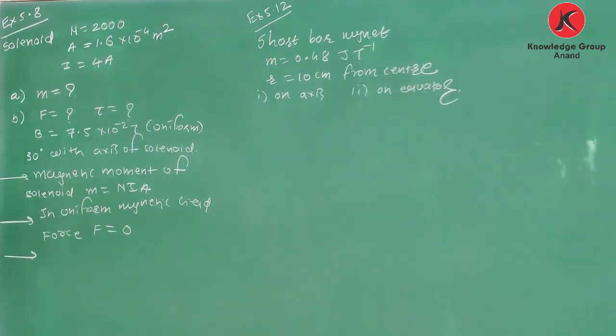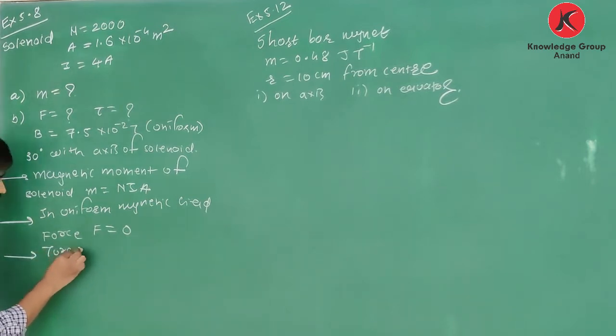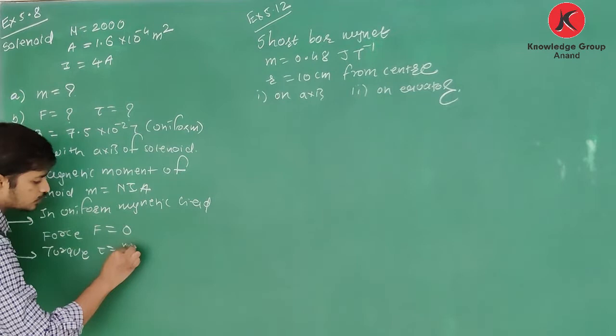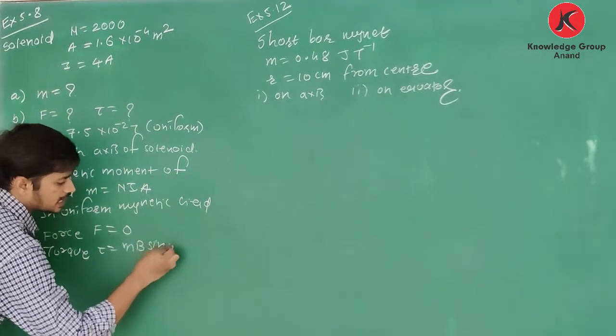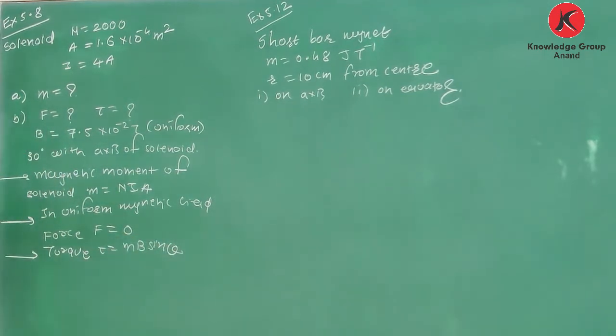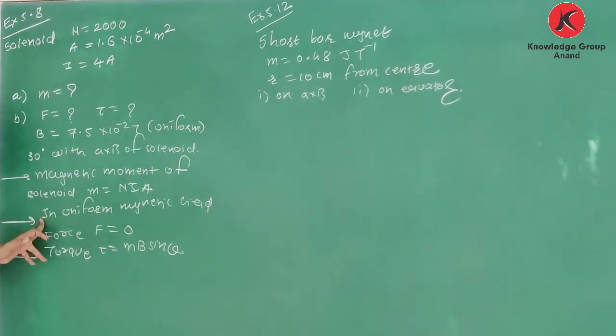Torque depends on the angle. How to find torque? Torque tau is equal to mB sin theta. You have to remember this point: in a uniform magnetic field, force F is equal to 0.